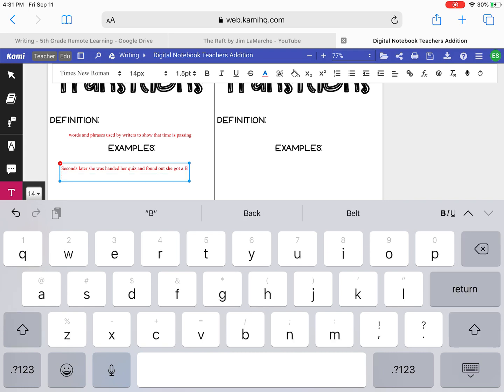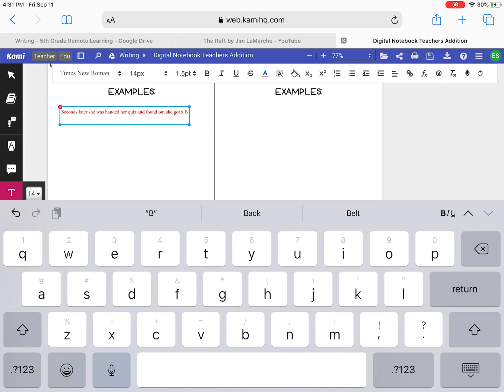Okay, you could say something like that. Just make sure you put the transition in a sentence.